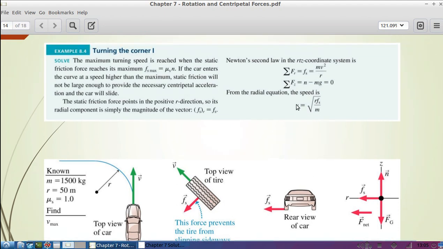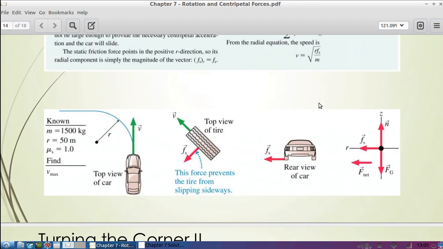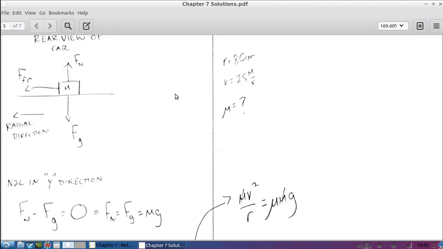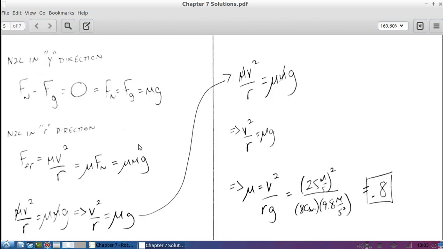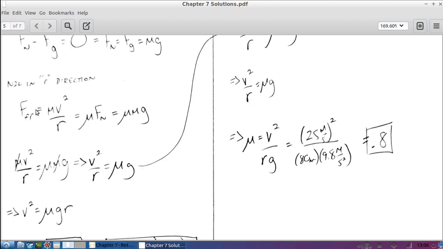So I've got an expression for the velocity, but I need to find the frictional force. What I do is I solve for the normal force. The normal force is equal to gravity, mg, and then I solve for the frictional force.